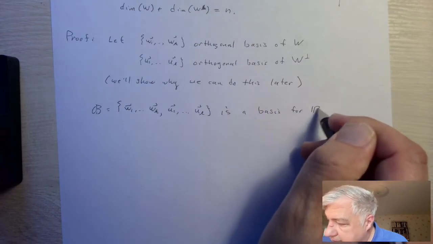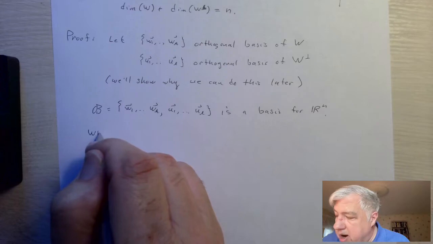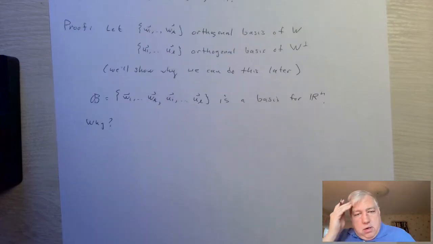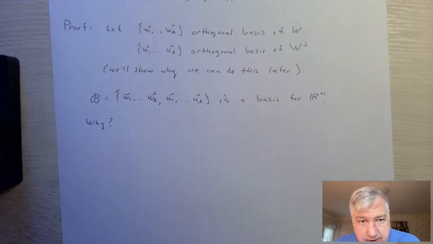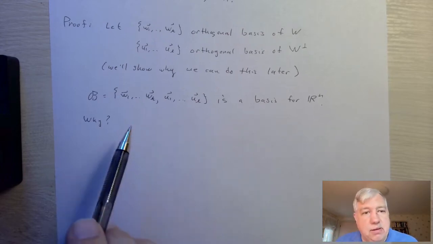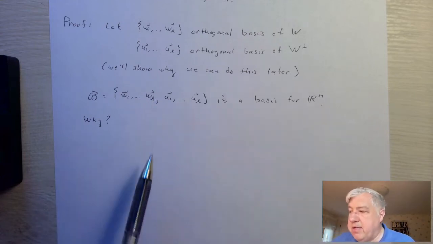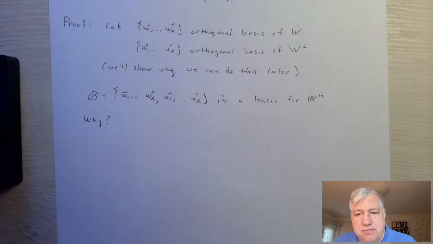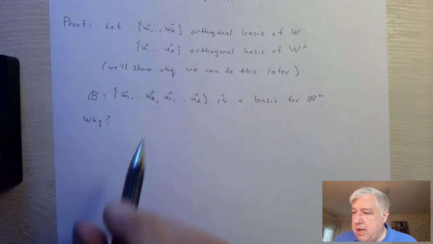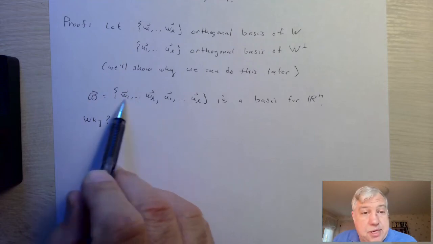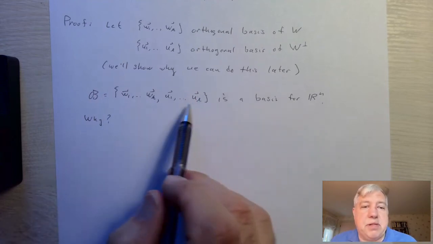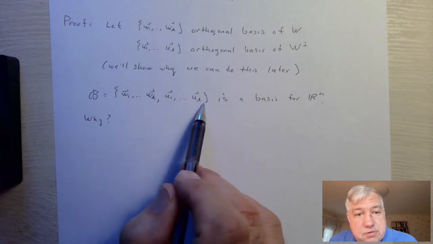So the question is why? Well, first of all, it will certainly be a spanning set, because the orthogonal decomposition theorem says that any vector in Rn can be written as a sum of something in W plus something in W perp. Anything in W is going to be a linear combination of these vectors, and anything in W perp is going to be a linear combination of these vectors.